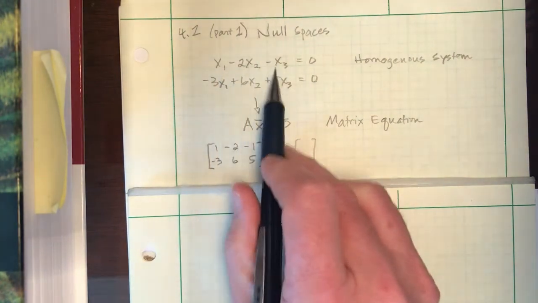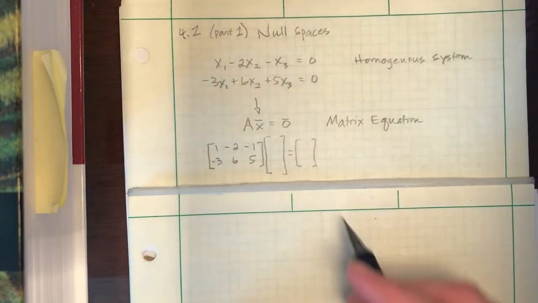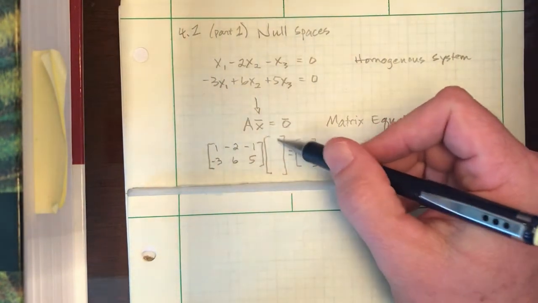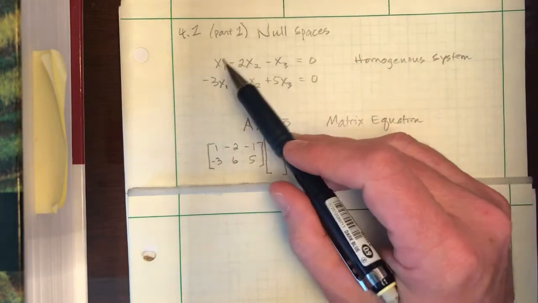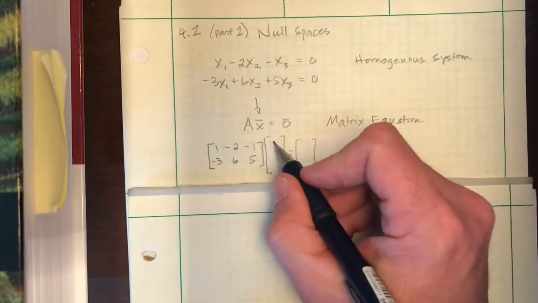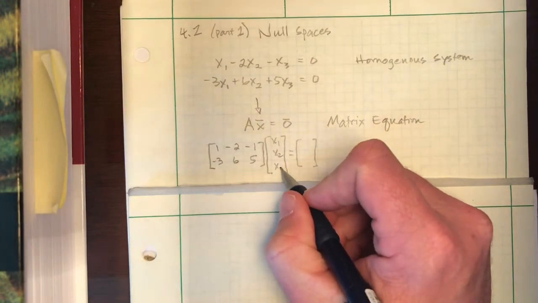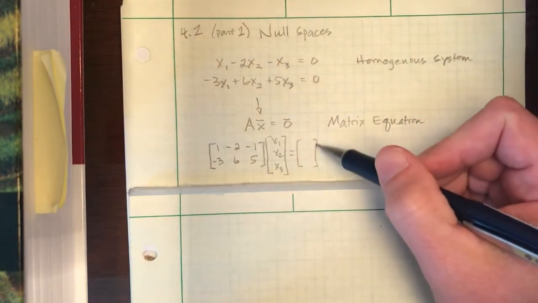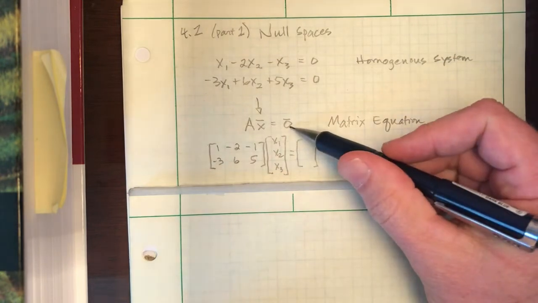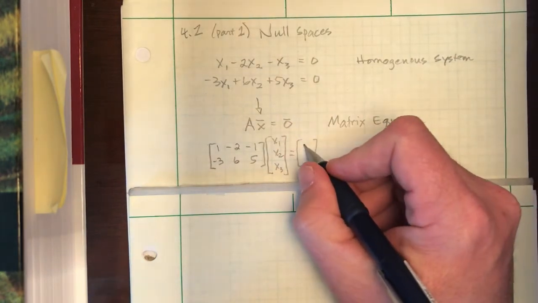Just the way those coefficients look. So what is my x vector? Well, it's the components of my three variables that we don't know. So x1, x2, x3, and finally the result is the 0 vector, which is 0, 0.